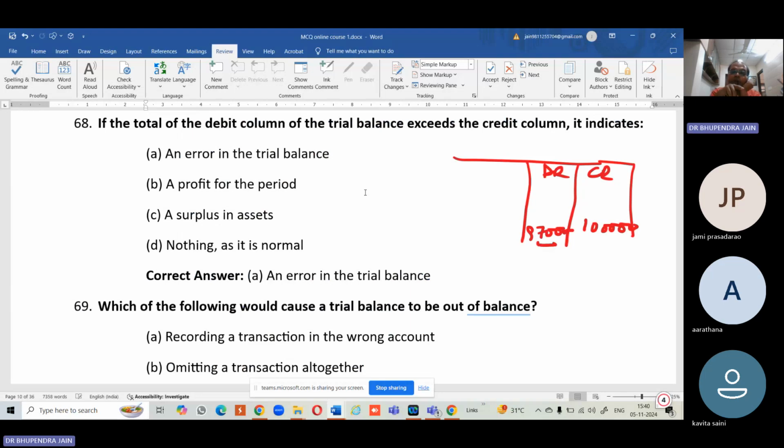If the total of the debit column of the trial balance exceeds the credit column, suppose the debit column is 10 lakh and the credit column is 9,70,000, this means the first answer is correct. Error in the trial balance. Profit, no. Surplus, no. Nothing is normal.